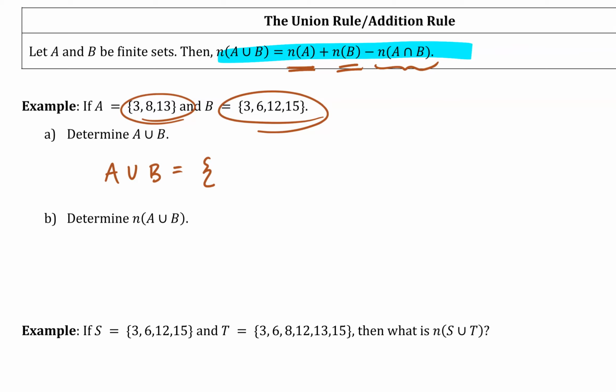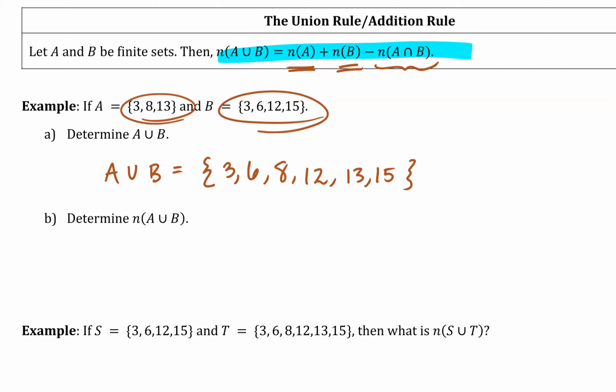I see that I have a 3 in both places, so I just need to write 3 one time. And I'm going to write them in numerical order. Then I see a 6, an 8, a 12, a 13, and a 15. So that is the set that contains all of the elements in A or B or both.